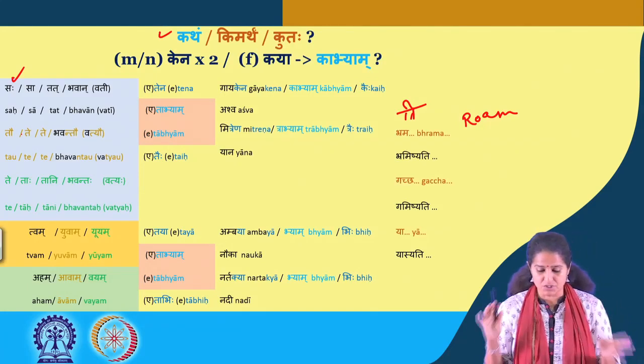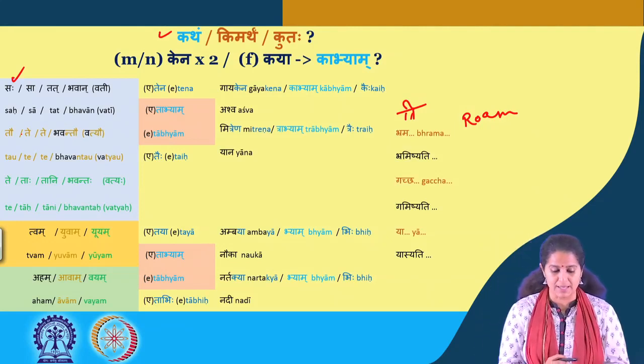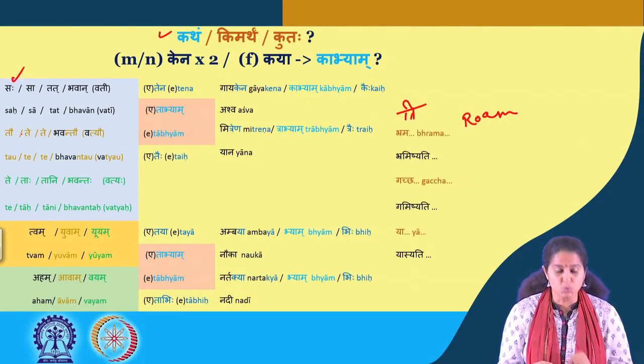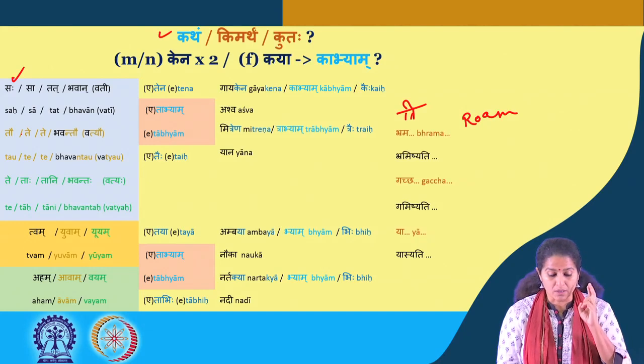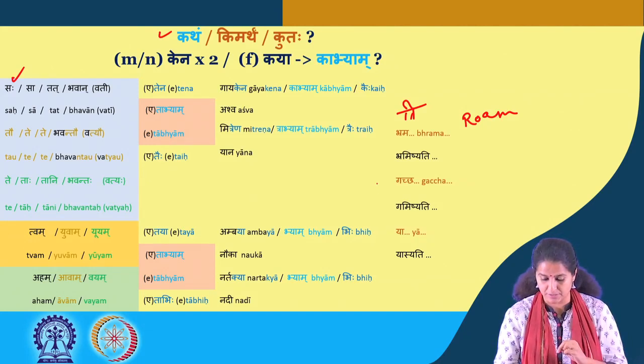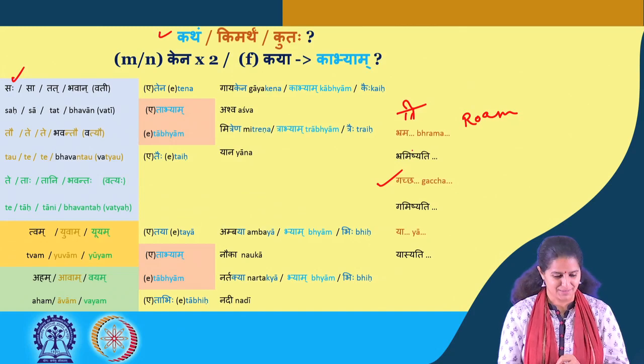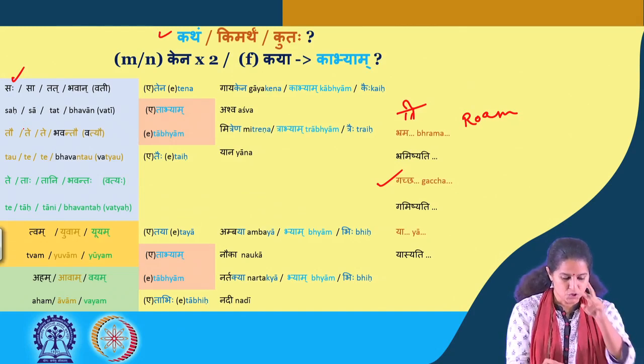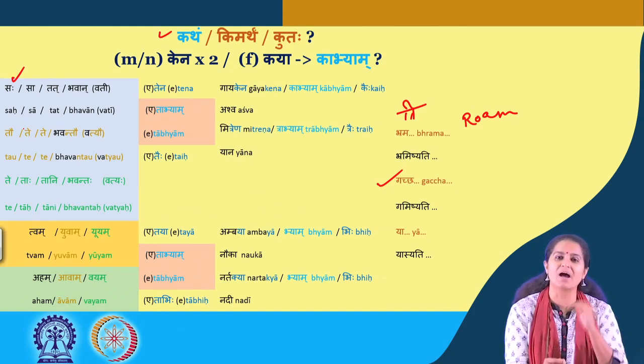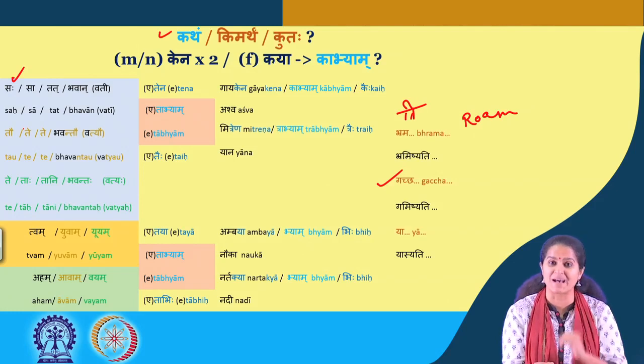Just for our own practice, I'd like you to say, you two go with those two horses. So the verb is go. So gachati here. When I'm saying you two, I'm talking about the respect form for the masculine.